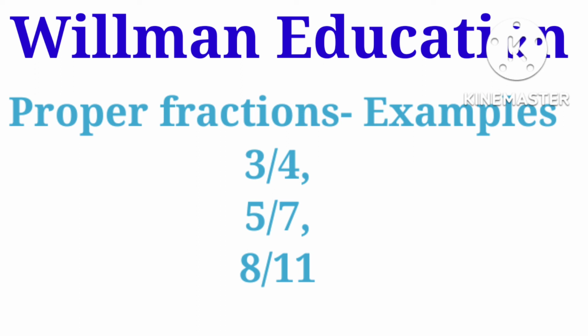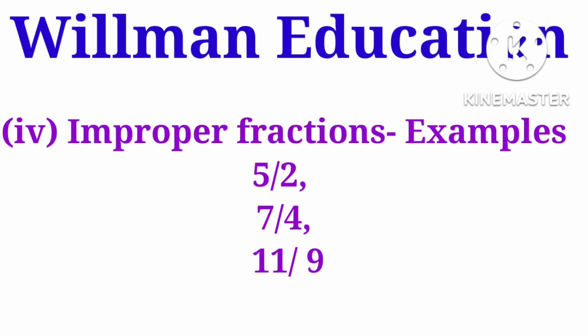Now we are coming to another one. The next one is improper fraction. Examples: 5 by 2, 7 by 4, 11 by 9. Here you can see that numerators are greater than the denominators. That means denominators are smaller than the numerator.